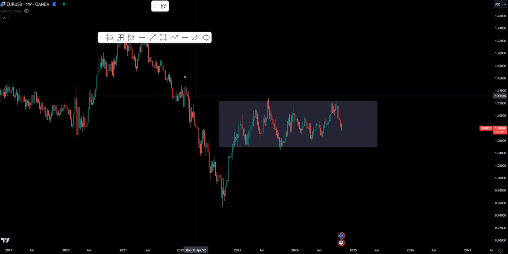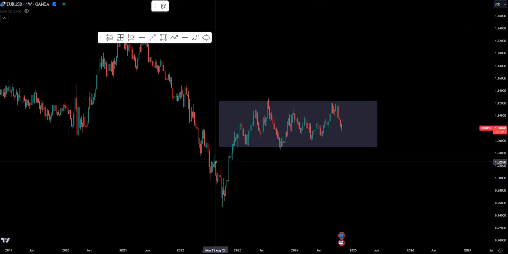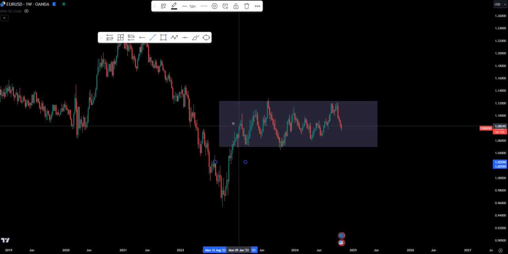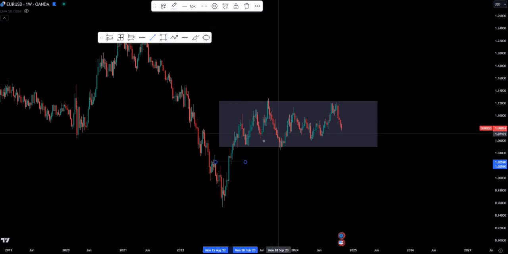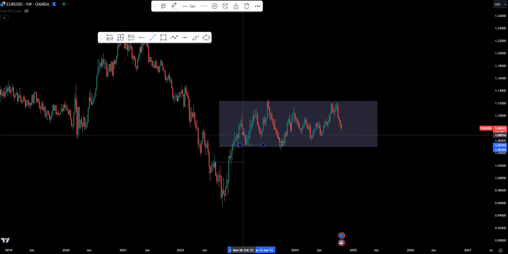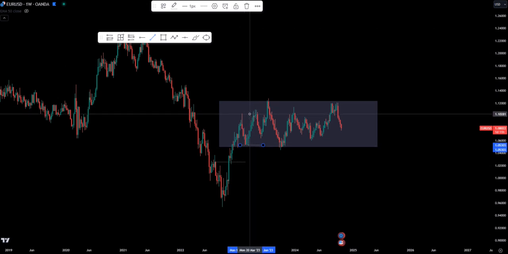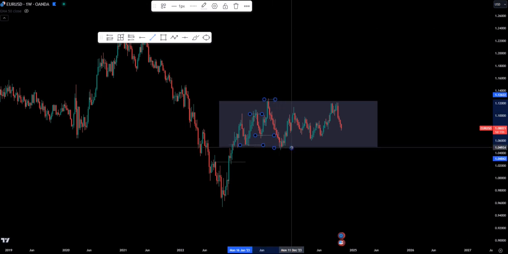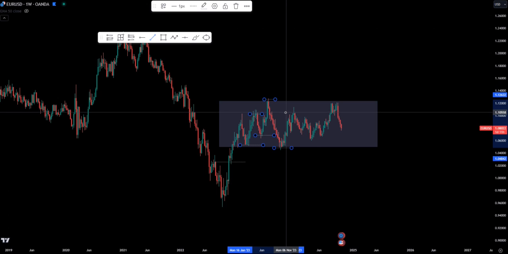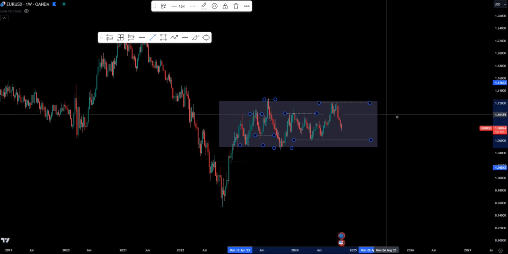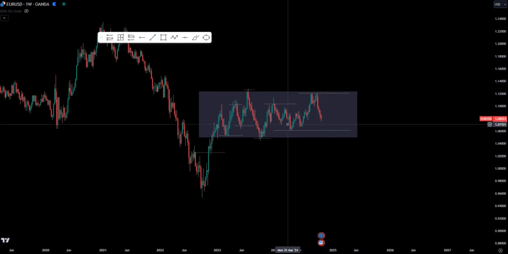But as you can see, since we broke this low, this lower high, we made a higher low, higher high, higher low, higher high, a higher low, lower high, and price till now is ranging.